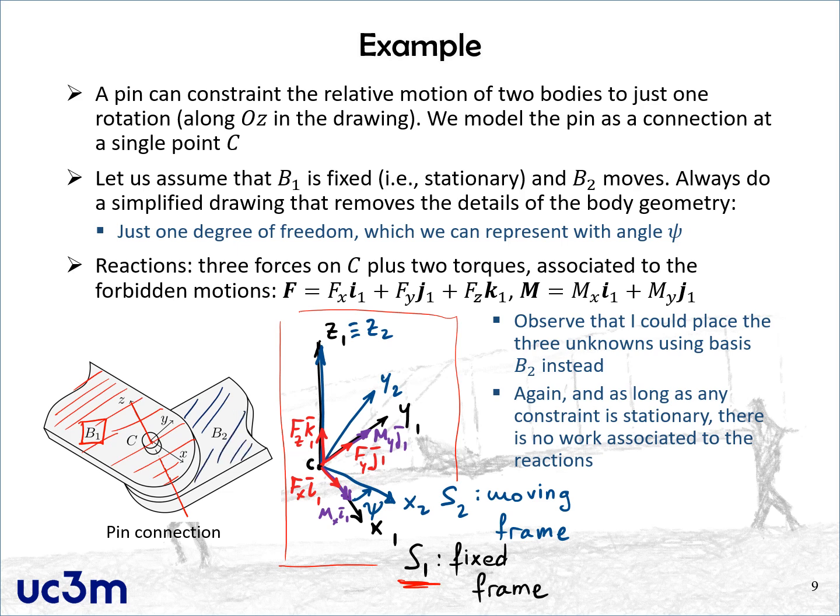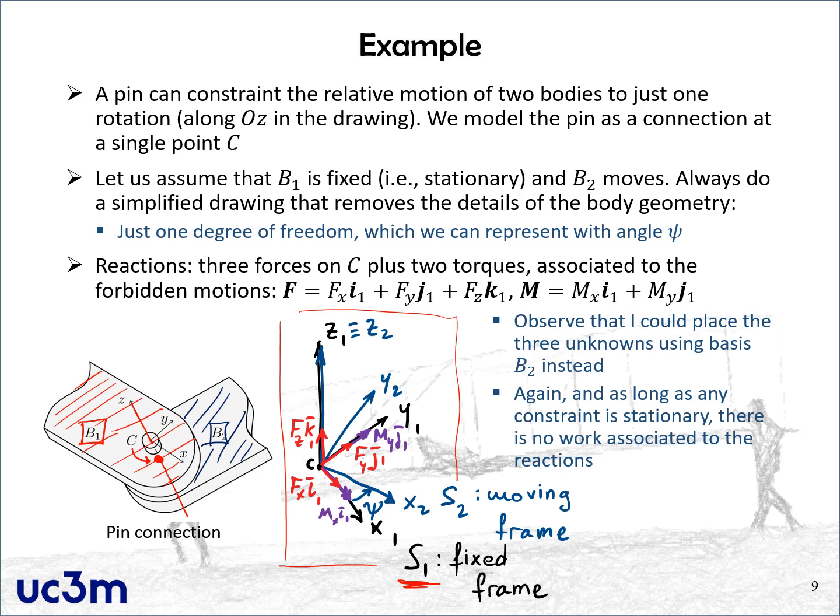So two body fixed reference frames, one associated to each of the bodies in the drawing. As you can see, the center point of the constraint, the center point of the pin, that is our point C, is a common point of the two rigid bodies.